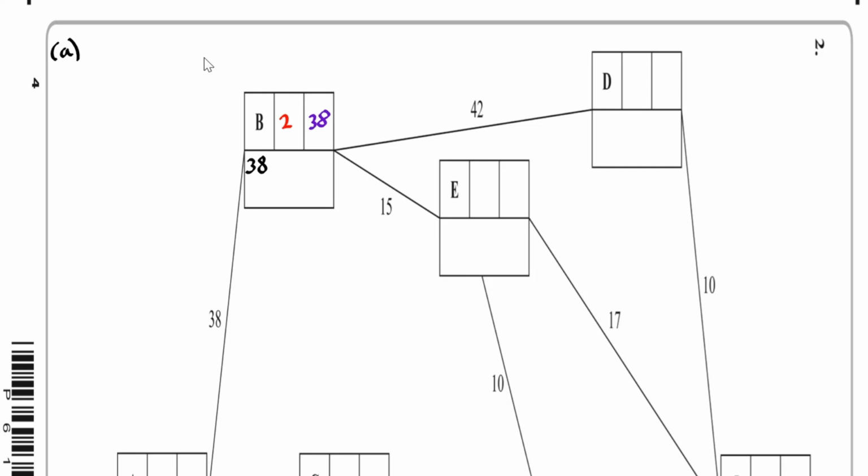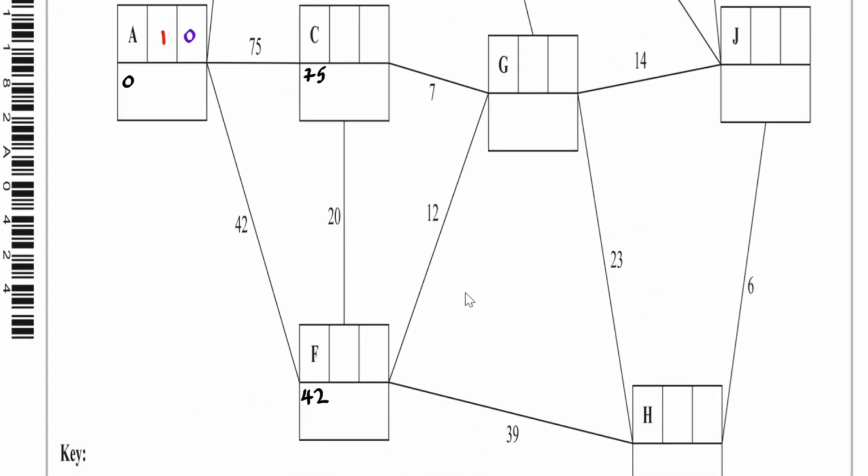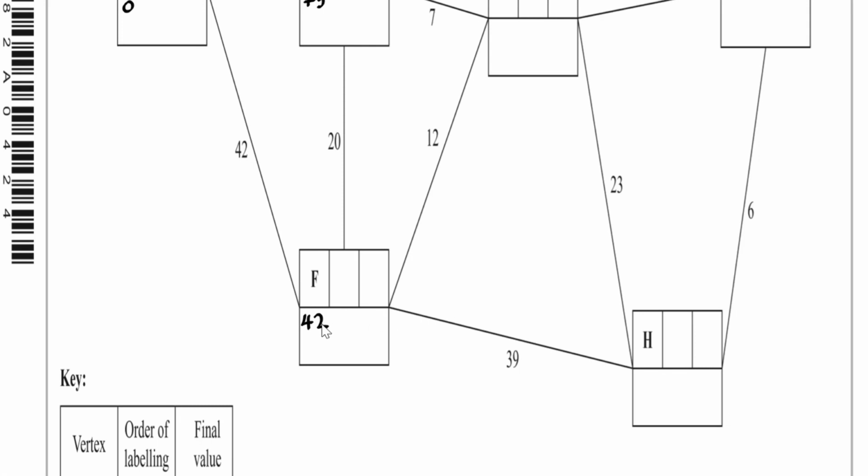We continue working like this. So 38 plus 42 is 80. 38 plus 15 is 53. And out of these values, you'd find the 42 to be the smallest, so we carry the 42 into this final value box and we assign F the number 3.